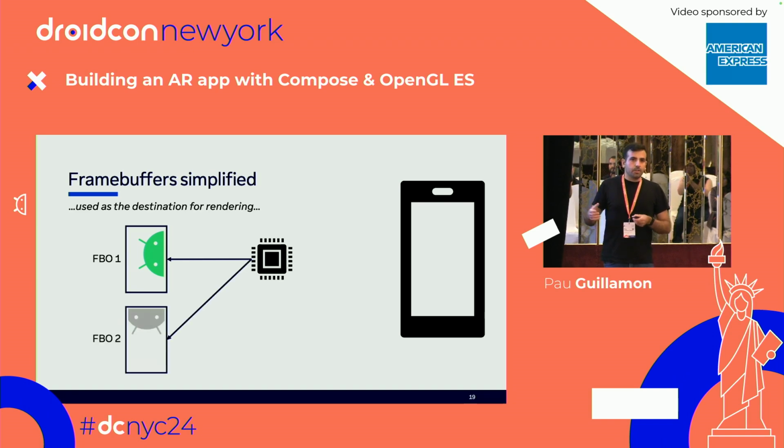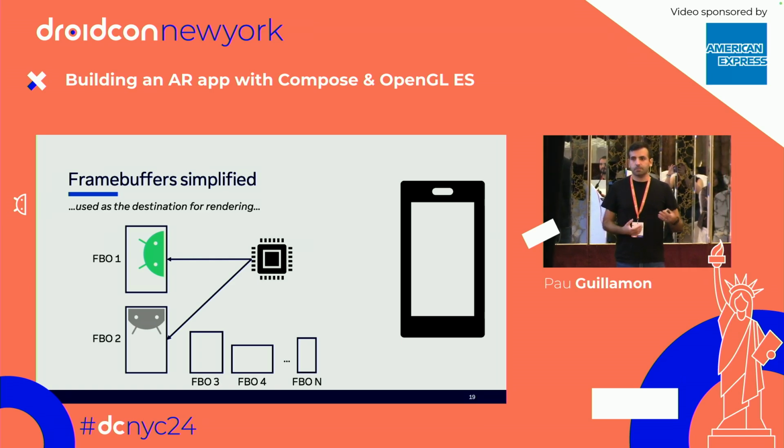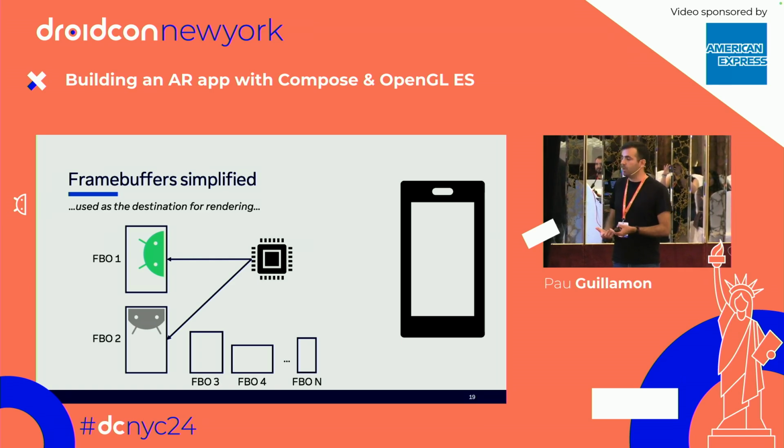We can also render our scene from a different point of view, maybe apply a different effect. And we can have as many frame buffers as we want. Note also that I draw them with different sizes and shapes. Frame buffers can have any size that you want. And what's very powerful about this is that we can later on use that information that we've rendered somewhere else.